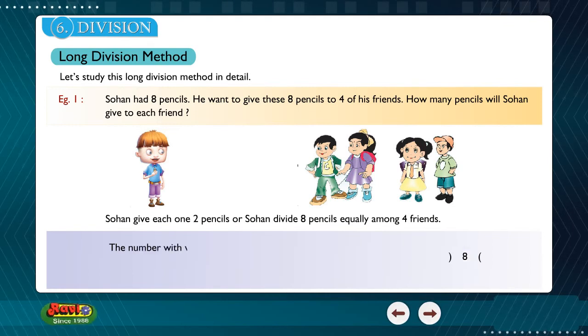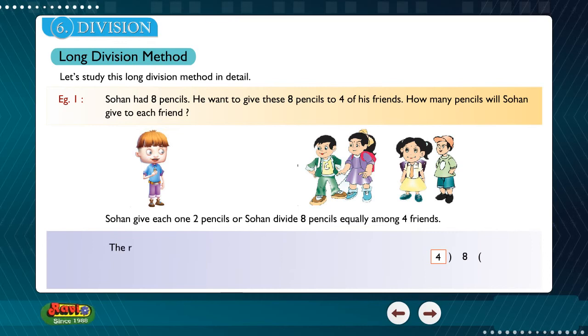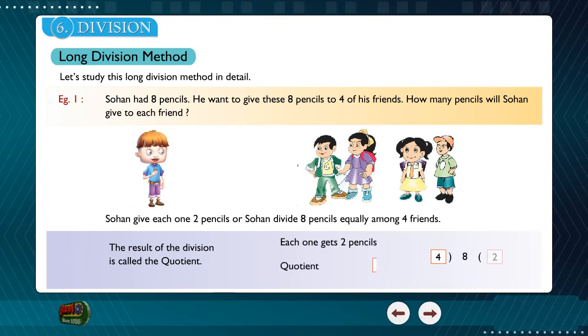The number with which the dividend is divided is called the divisor. Number of friends 4. Divisor 4. The result of the division is called the quotient. Each one gets 2 pencils. Quotient 2.